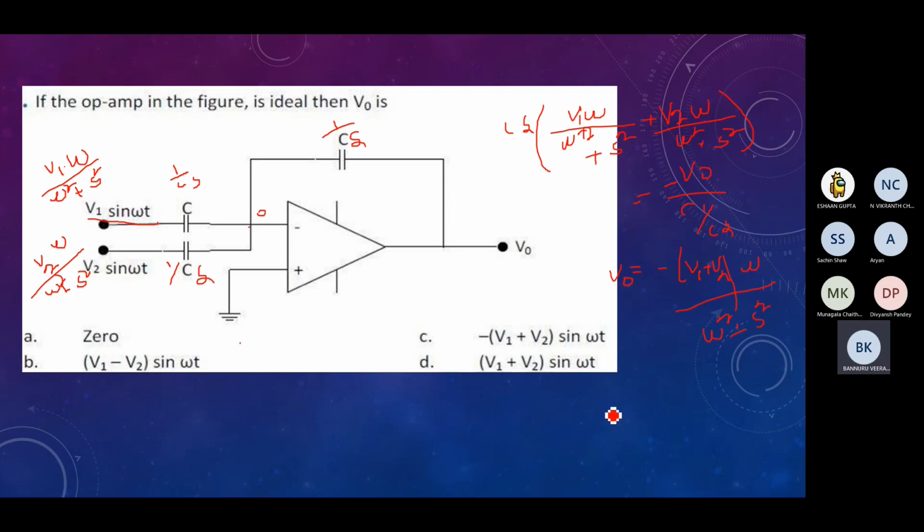If we convert again into the time domain, we get minus (V1 plus V2) times sin omega t.